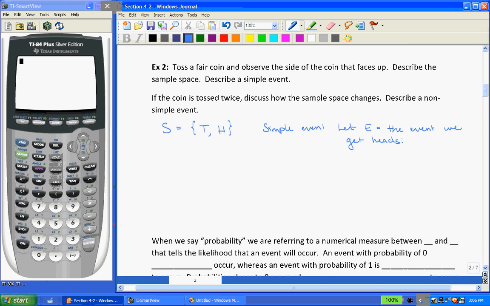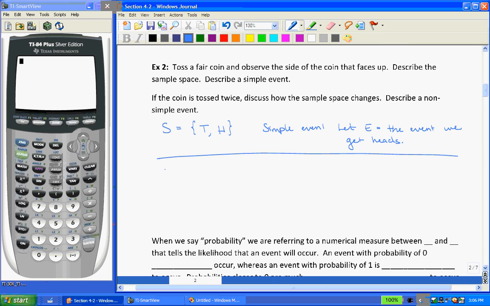That's pretty much it. If the coin is tossed twice, discuss how the sample space changes. Describe a non-simple event. Okay, so with just one coin, I can either get heads or tails. That's my entire sample space. But if I toss it twice, now I have a new sample space.